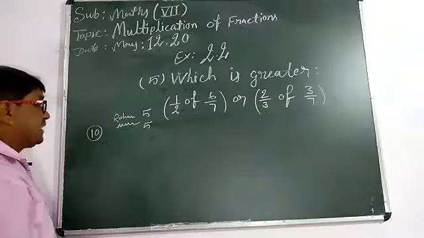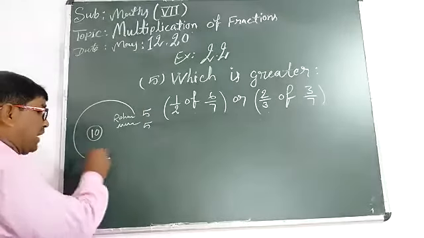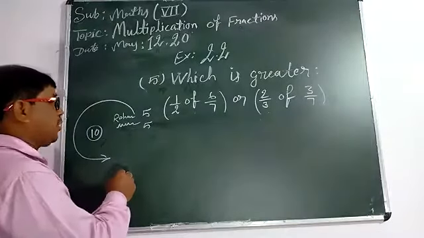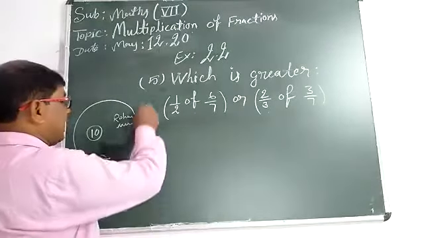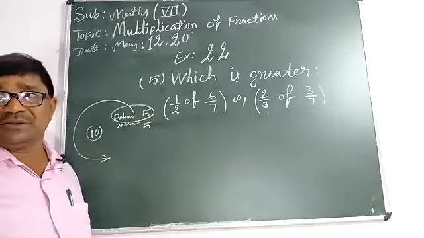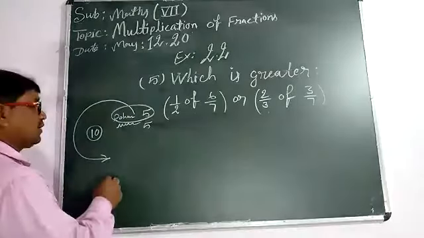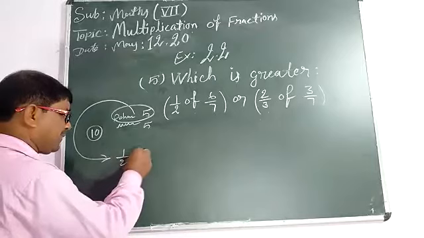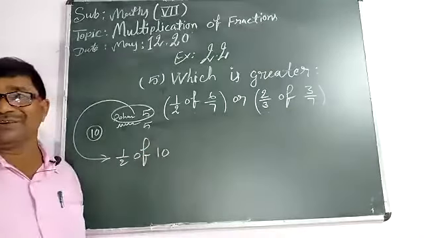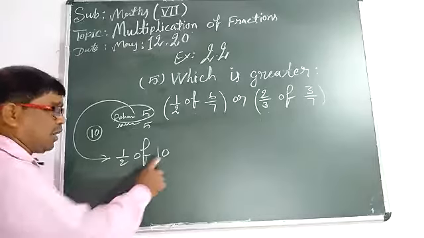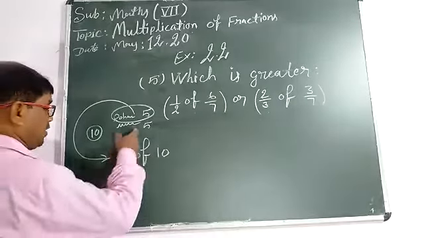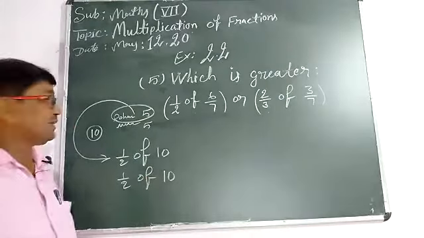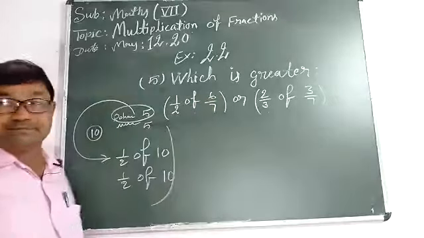In terms of fraction, if you want to express which part of the toffees was got by Rohan, Rohan got 1 upon 2 of 10. Mohan got 1 upon 2 of 10 also. That is the meaning of this type of sum.